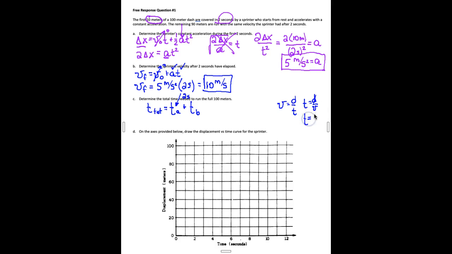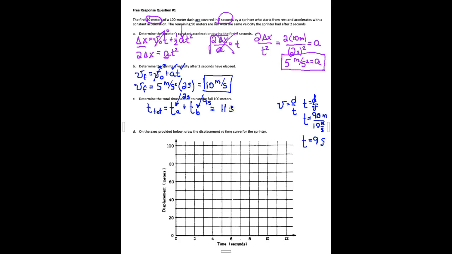The distance is 90 meters, and the velocity is 10 meters per second, which is my answer from part B. So the time it takes to cover the constant velocity period is 9 seconds. If this is 9 seconds and it took 2 seconds to accelerate, the total time to run the full 100 meters is 11 seconds.